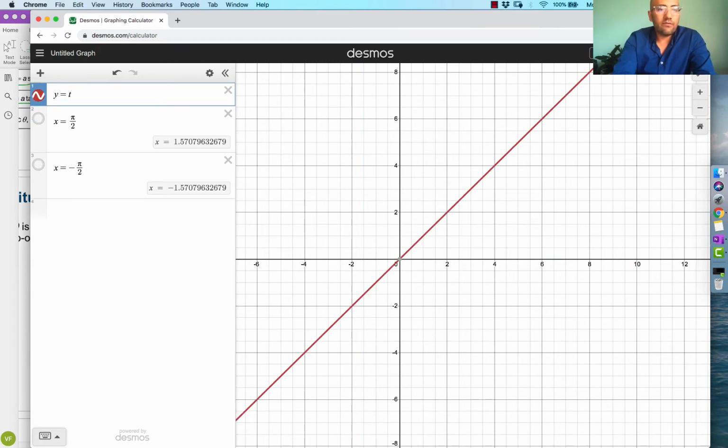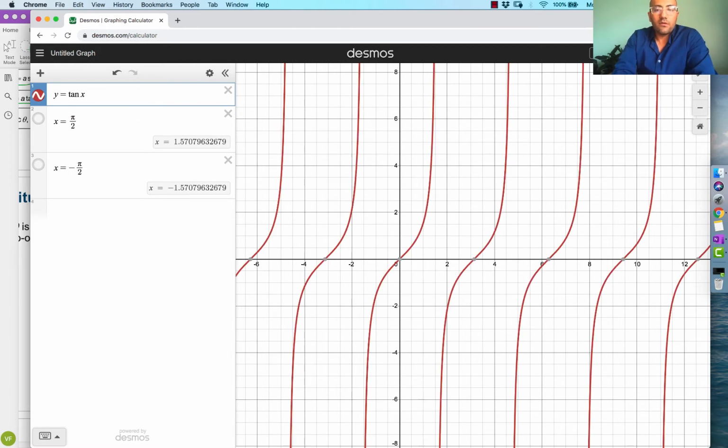So tangent looks like that, right? And then there are these vertical asymptotes that are not being drawn here, but there are vertical asymptotes there, and then over here and over there. So remember, sine over cosine equals tangent. So whenever cosine is equal to 0, we have a vertical asymptote.